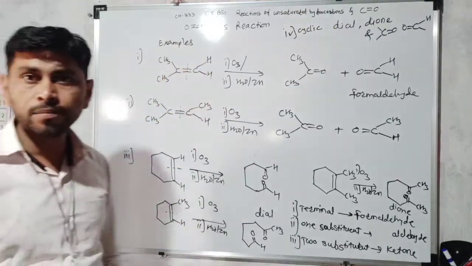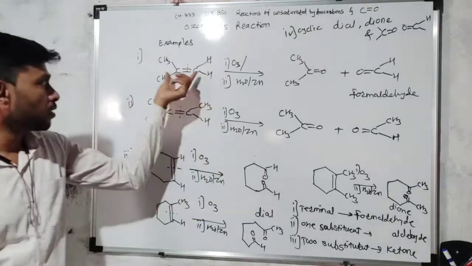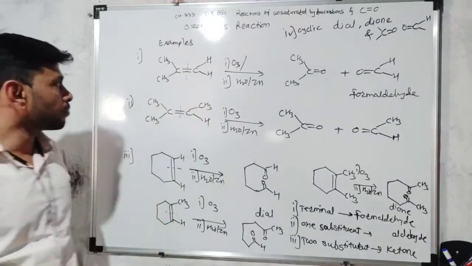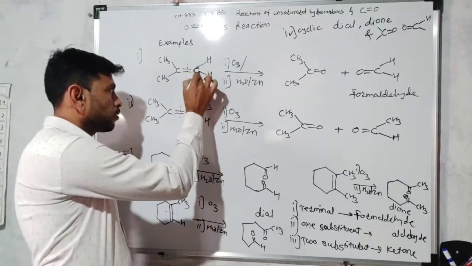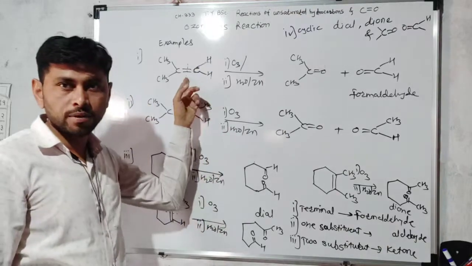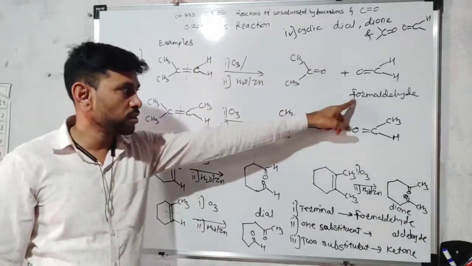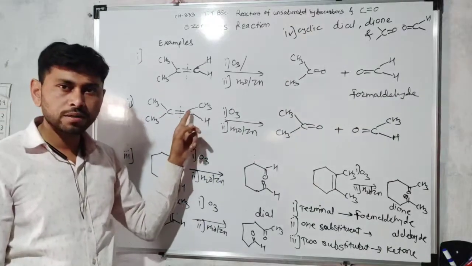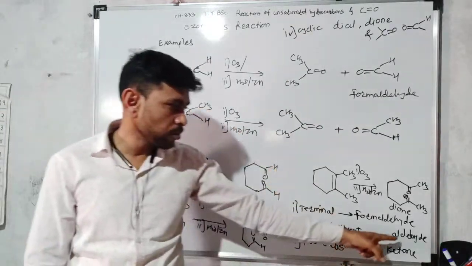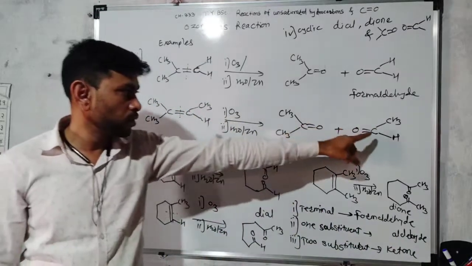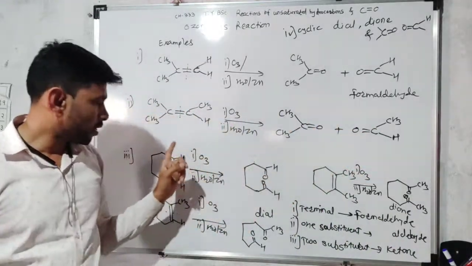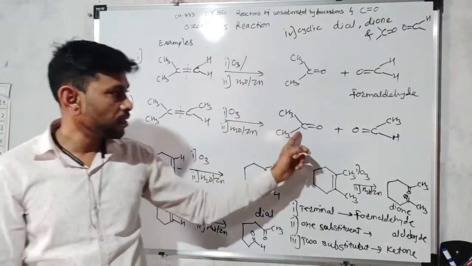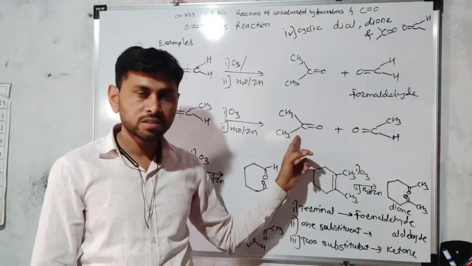So these are some examples of ozonolysis, where if the carbon-carbon double bonded carbon is a terminal carbon without substituent, one of the products is formaldehyde. If the double bonded carbon contains one substituent, one of the products is an aldehyde. And if it contains two substituents, then one of the products is a ketone.